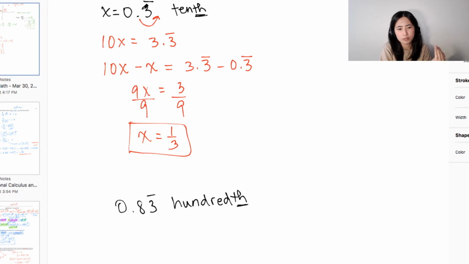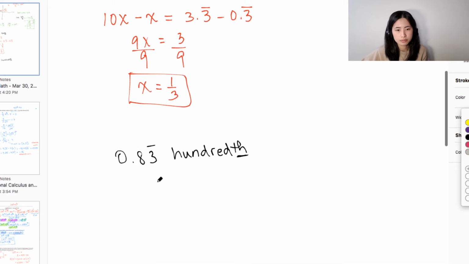In 0.3, the one that's repeating is the tenth place value, exactly after the decimal point. Now that it's the hundredth, instead of having 10, you need to move this twice, because your decimal number that is repeating is on the 100th place value. Therefore, you're going to move this 2 times. That's why it's 100. So let's do that.